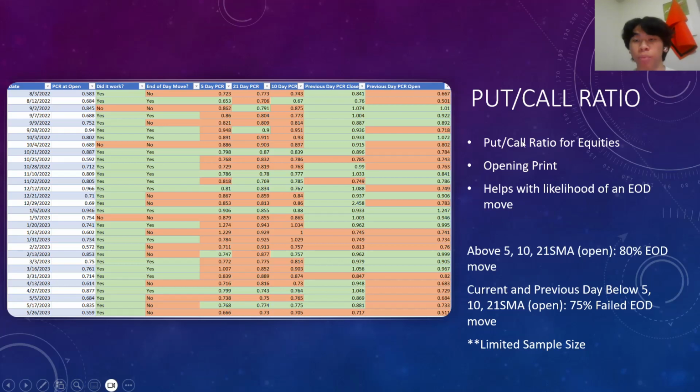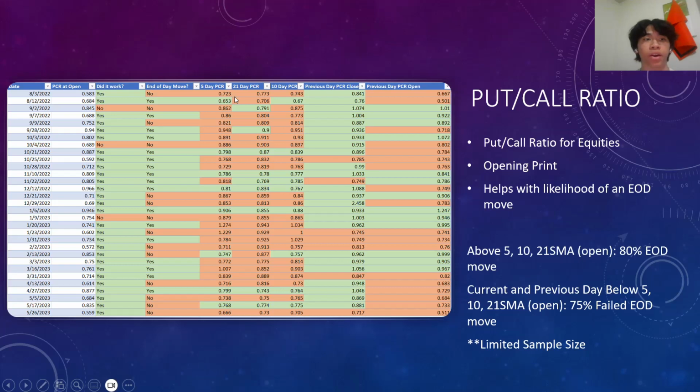I only look at the opening print, and in my experience, this has helped with the likelihood of an end of day move. So if you look here at all the put call ratios, it doesn't really have a strong correlation to whether the trading day would work or if there's an end of day move.